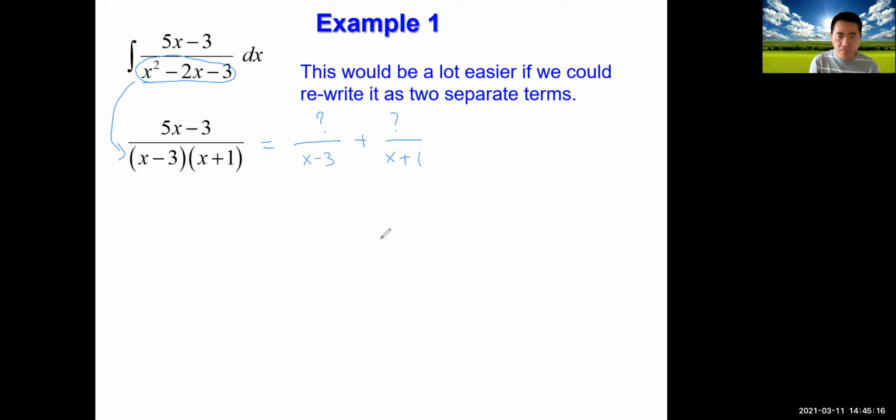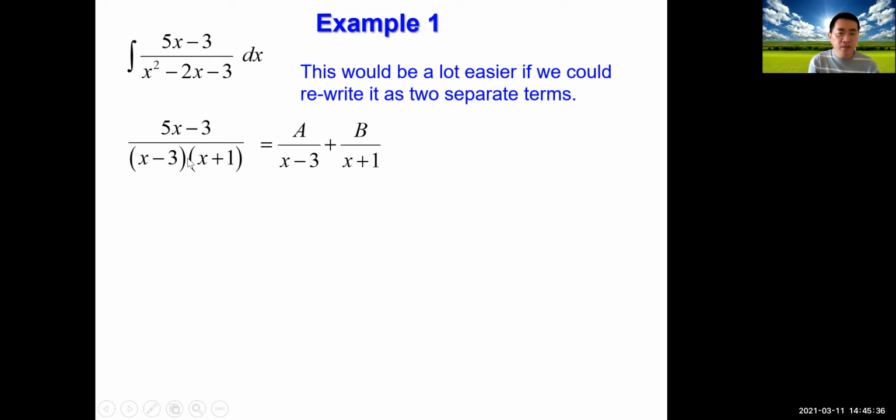So now, with x minus 3 and x plus 1, since I don't know the numerators yet, I put capital A and capital B as unknown constants, and then try to figure out A and B.